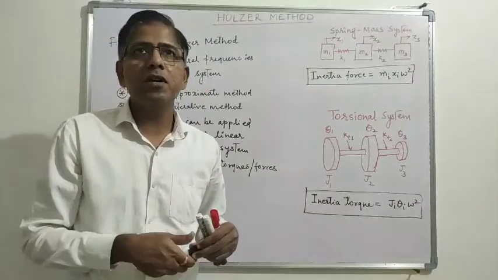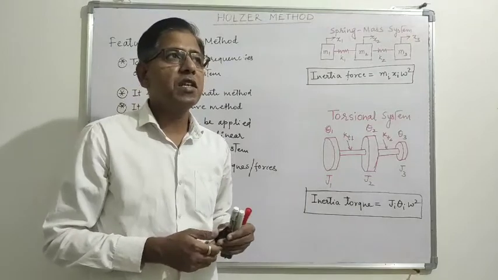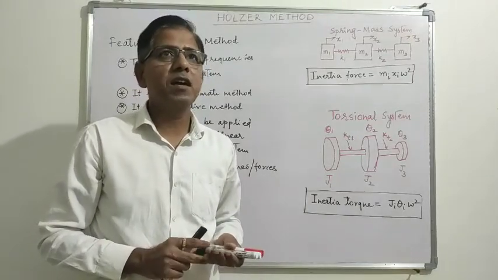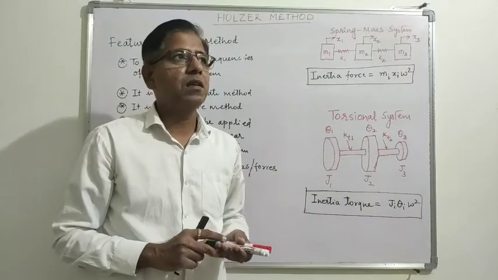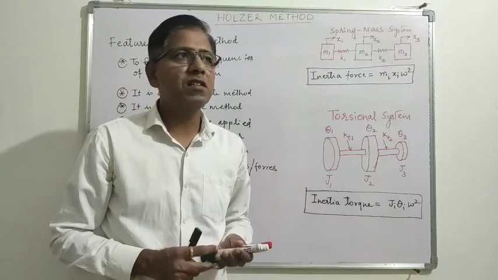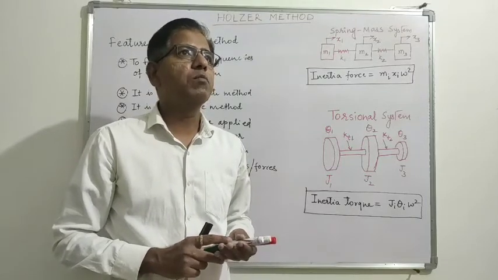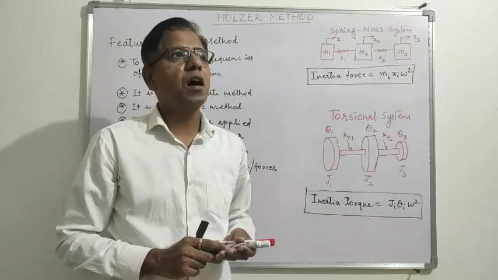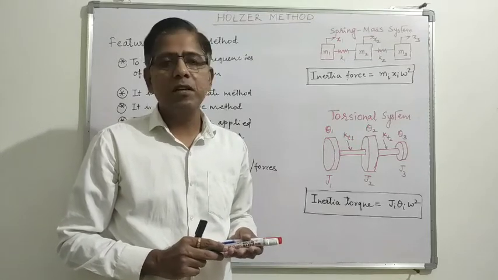Like we have seen in the previous lectures, in the case of a multi-degree of freedom system there are a number of masses, and each mass has its own natural frequency, and finding the natural frequency of a multi-degree of freedom system is a bit tiresome.